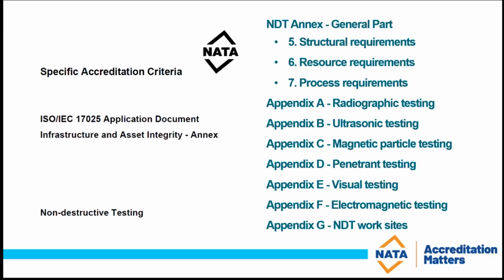So the general part of the NDT Annex covers clauses 5, 6, and 7, which relate to the structural, resource, and process requirements. The Annex also includes technique-specific appendices, A to F, for the common NDT techniques, as well as Appendix G, which addresses requirements about NDT worksites, and we cover that later.